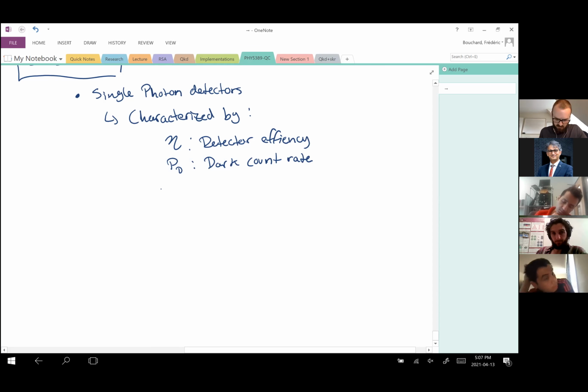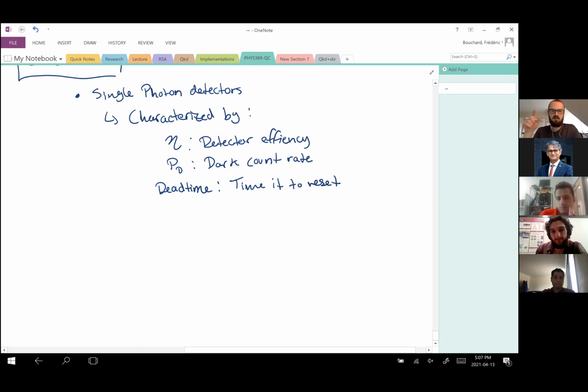Okay, another important parameter is the dead time of the detector. This is basically the time it takes to reset. So when your detector measures a photon or detects an event, there's a period of time where it is blind to anything coming.